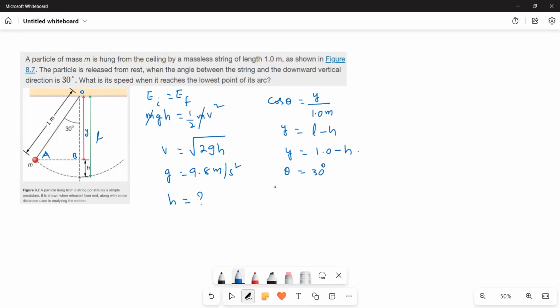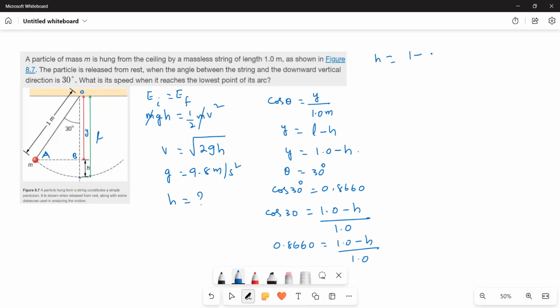Cos 30 is equal to 0.8660. Therefore, cos 30 is equal to (1 minus h) divided by 1. Okay, therefore 0.8660 is equal to 1 minus h by 1, or h is equal to 1 minus 0.8660.